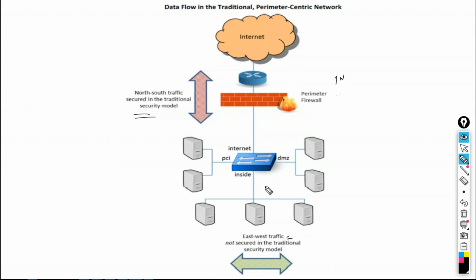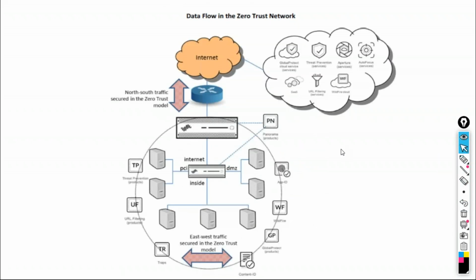But your PCs and servers were not secure because there was no firewall in between or inside, on-prem in your LAN. So that's why we moved to zero trust network. In zero trust network, we deployed the Palo Alto firewall in such a way that it will cover all the zones over here, LAN, different categories.